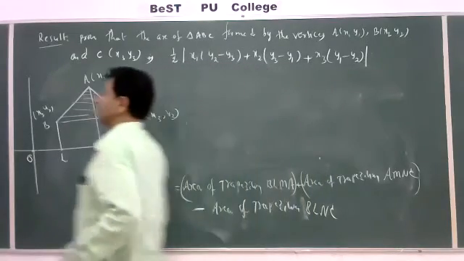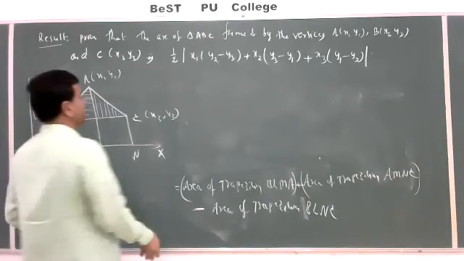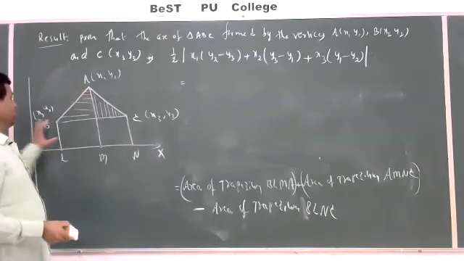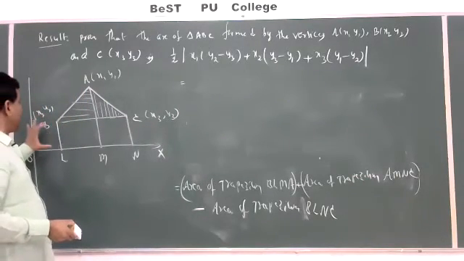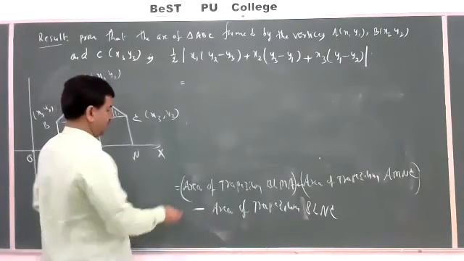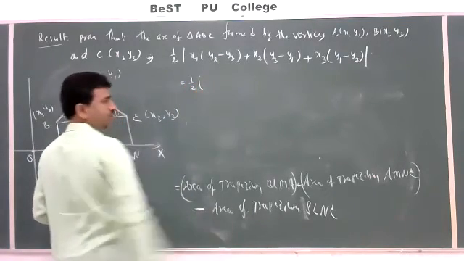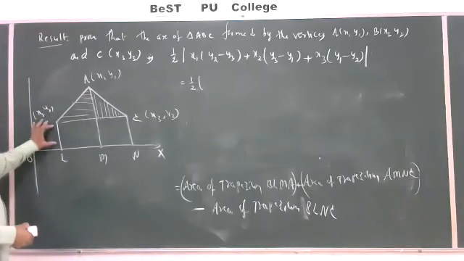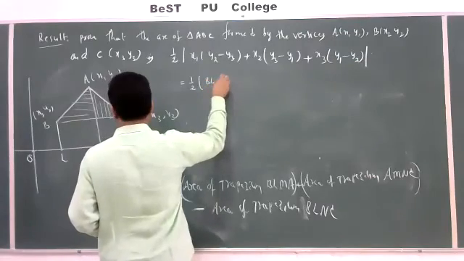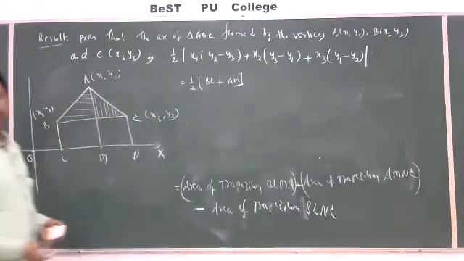Now listen to me. Coming to this diagram, first we require the area of the trapezium BLMA. What is that formula? It is 1 by 2 into the sum of the parallel sides. What are the parallel sides? BL is parallel to AM. Just follow the order, nothing difficult here, very simple.